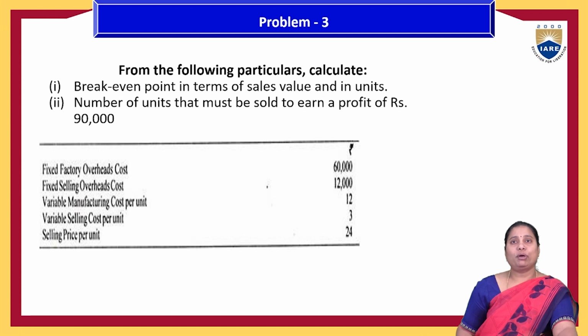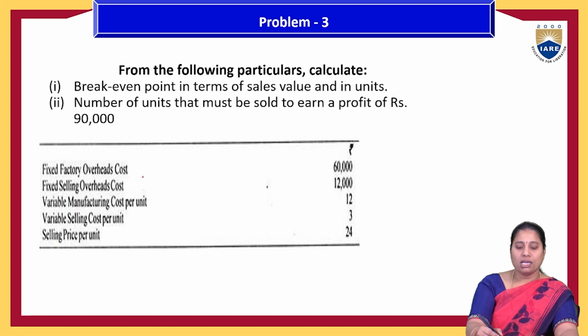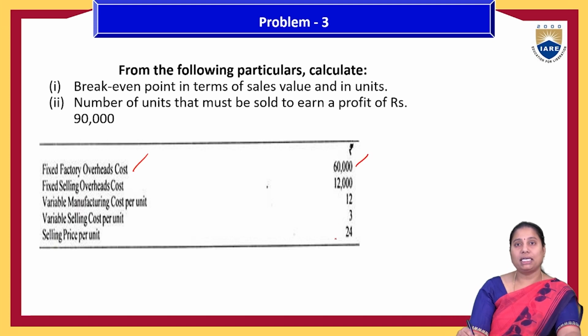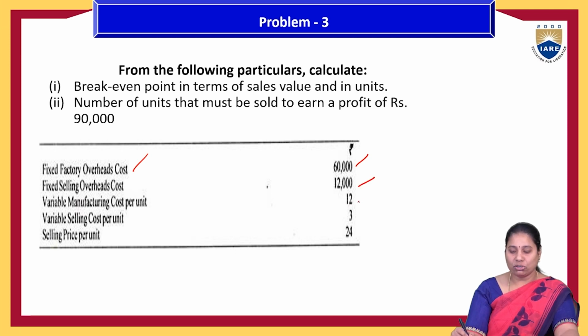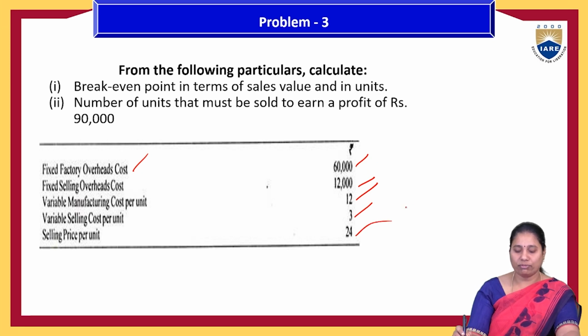And the next problem is: from the following particulars calculate break-even point in terms of sales value and in units, and the number of units that must be sold to earn a profit of 90,000. Fixed factory overheads cost is 60,000. Fixed selling overheads cost is 12,000, and variable manufacturing cost per unit is 12, variable selling cost per unit is 3, selling price per unit is 24.